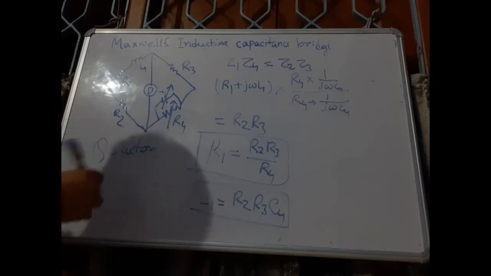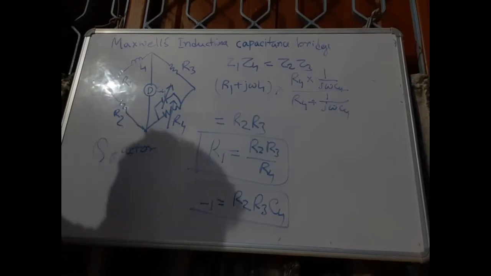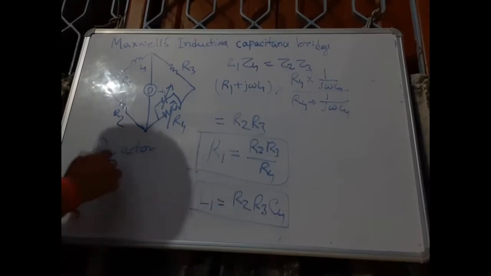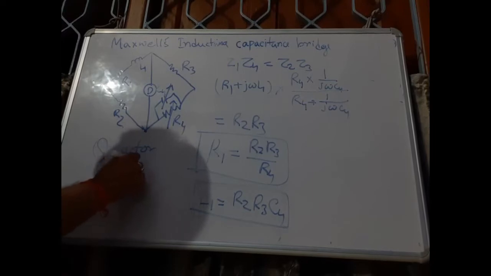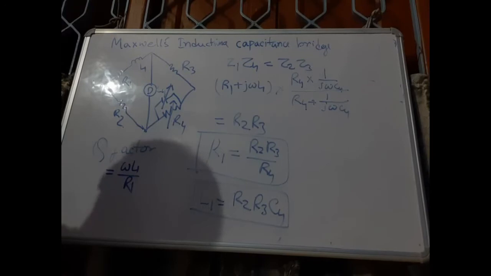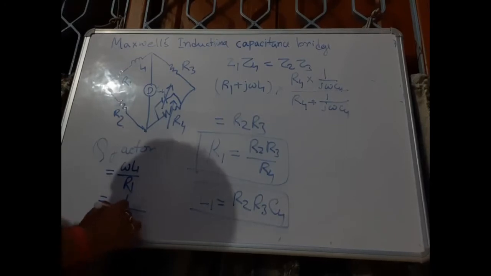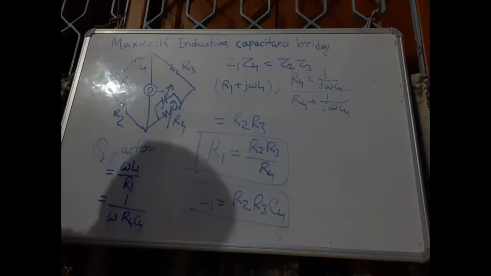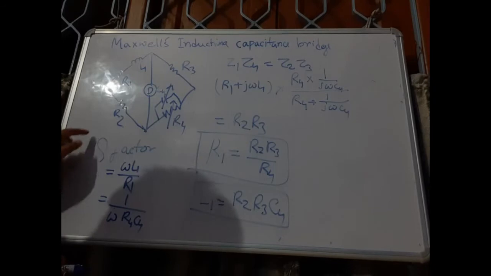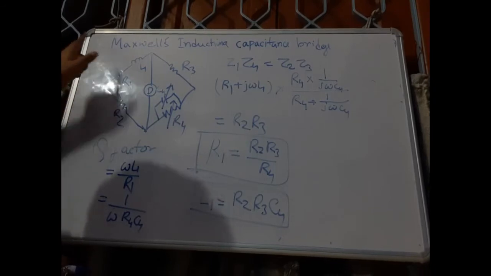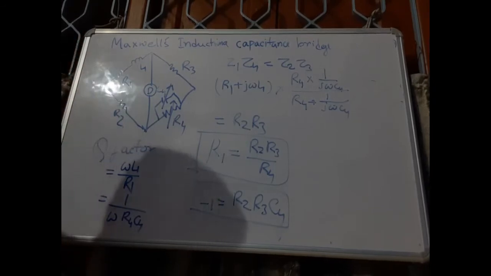Here the Q factor is omega L1 divided by R1, and this is also equal to omega R4 C4. This is the expression of Q factor for the Maxwell inductance capacitance bridge.